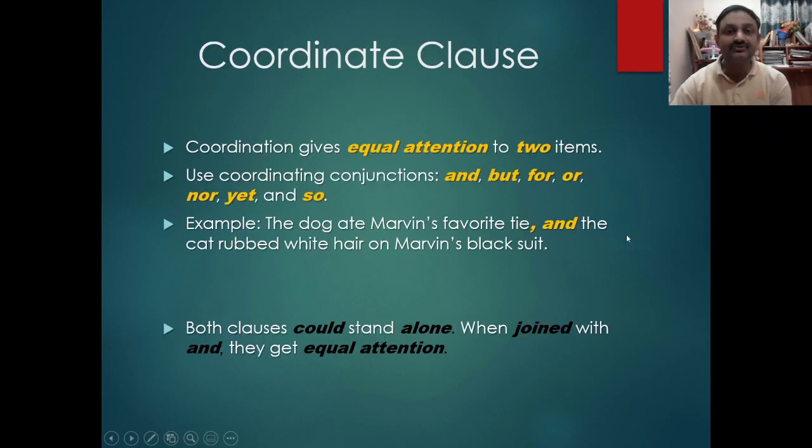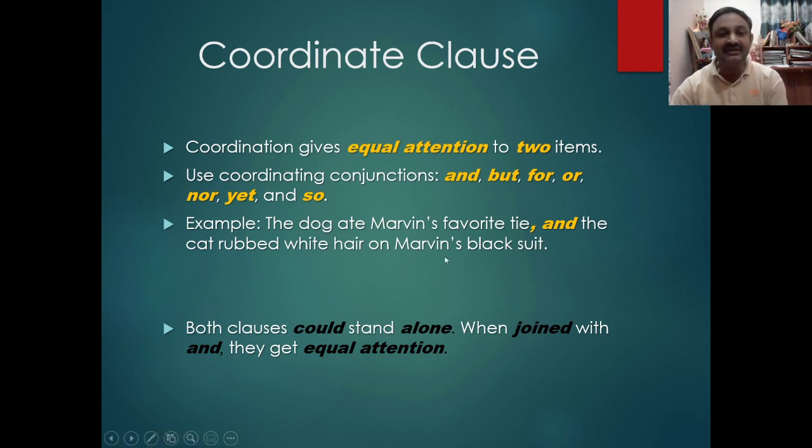Okay, so now we look at the other part of the clause, that is called the coordinate clause. This one is also quite interesting. Coordination, as we all know, we all coordinate in some manner or the other, gives equal attention to the two items, by using the coordinating conjunctions, as we have seen in the previous example also: and, but, for, or, nor, yet, and so.